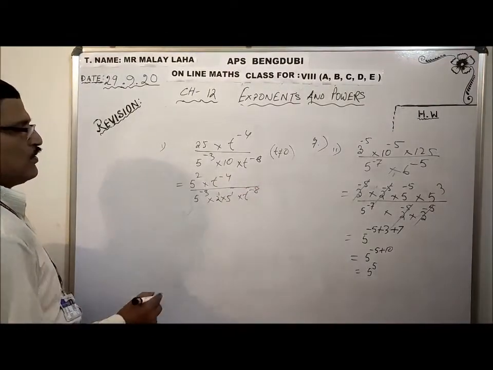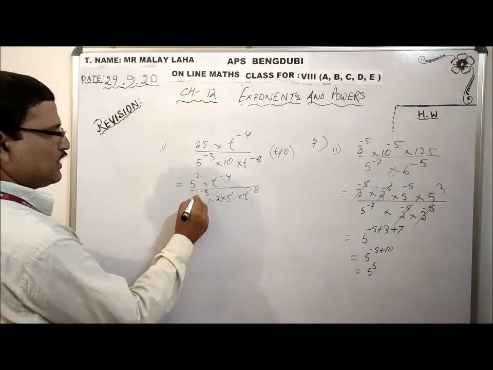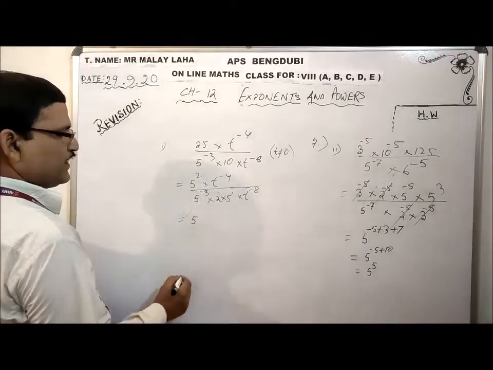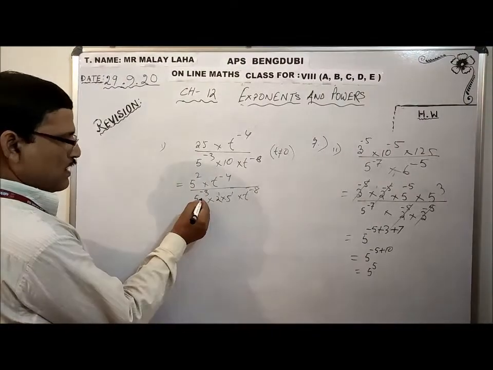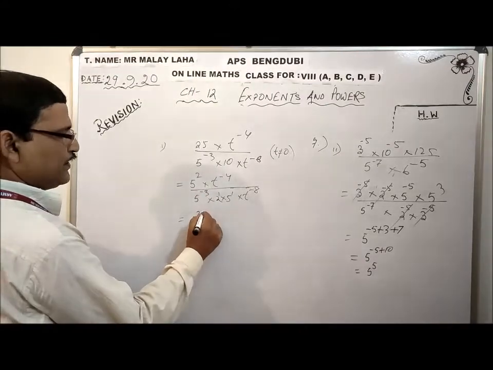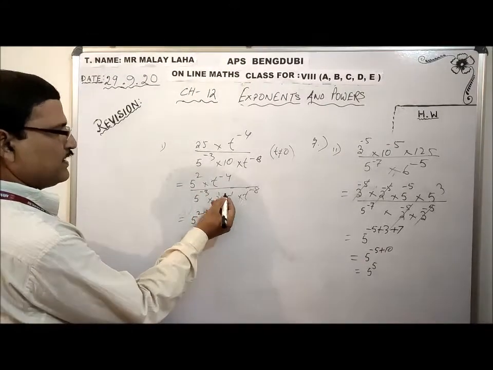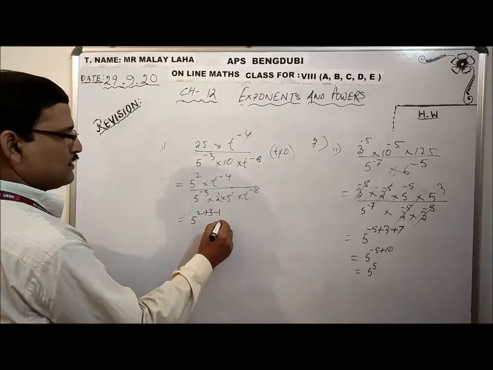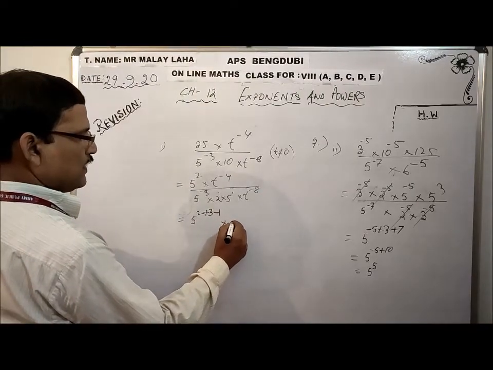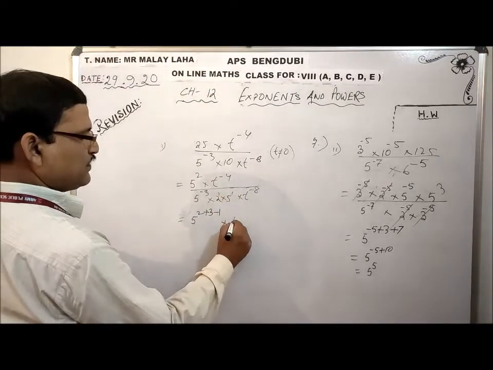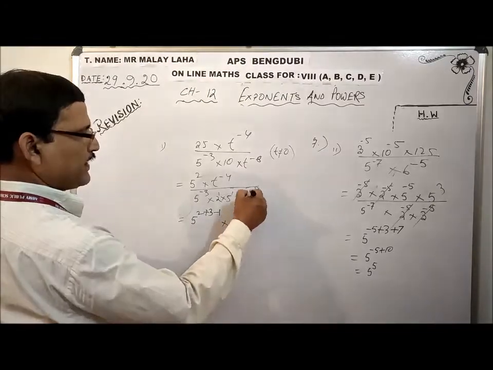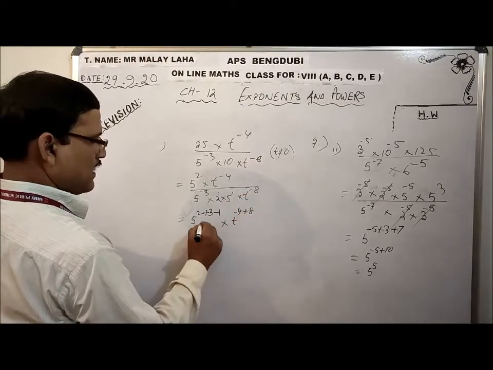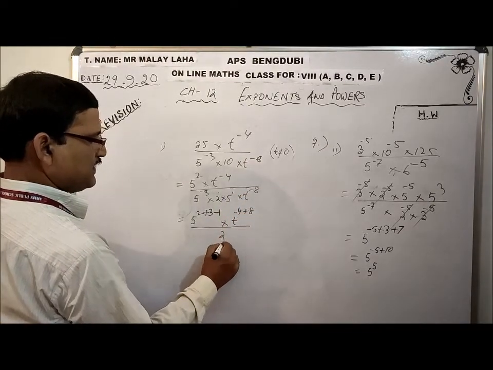Now you write down all the 5s together. So on the top you have t raised to minus 4 and 5 raised to 2. From here, if I write it here, it will be plus 3. From here, if I write it here, it will be minus 1. And then t raised to minus 4. If I write it on the top, it will be 8. And on the bottom, only 2 is there.